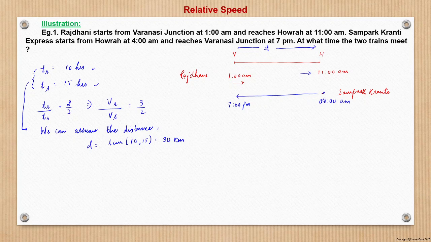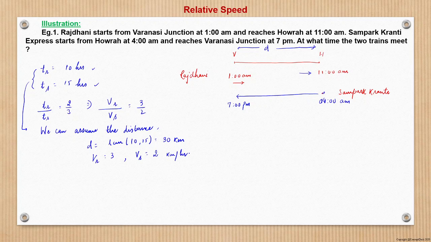Let's assume the distance is 30 kilometers. With a time of 10 hours the speed becomes 3. So the velocity of Rajdhani will be 3 and the velocity of Sampark Kranti will be 2 kilometers per hour, the same as the ratio.